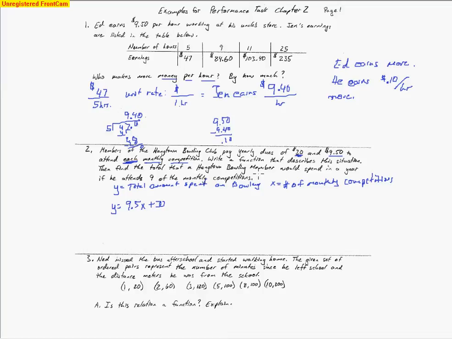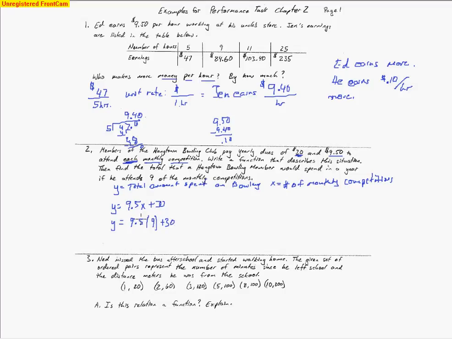So now we're ready to solve a problem. A member attends 9 monthly competitions. How much did he end up spending? That's what they want to find out. We don't know how much he's going to spend, but we're going to find that out by taking the amount of competitions he goes to, 9 competitions, times 9.50, and then add the $30.